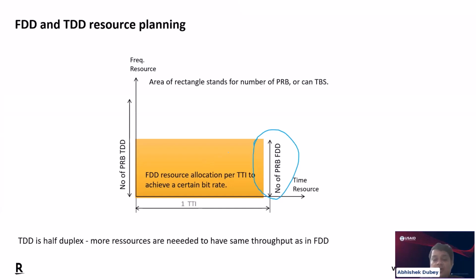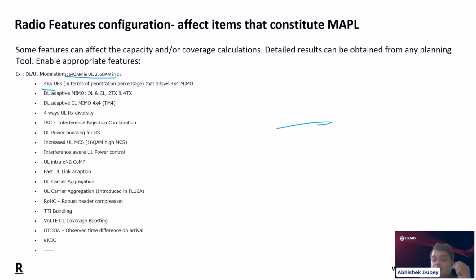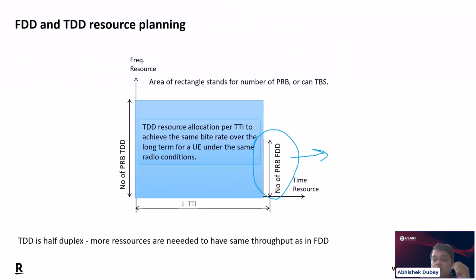But to reach the resources you get from this much bandwidth, how much bandwidth you need to have in TDD will be this, because in the same TTI you would need more bandwidth to get the same amount of resources or throughput from TDD.